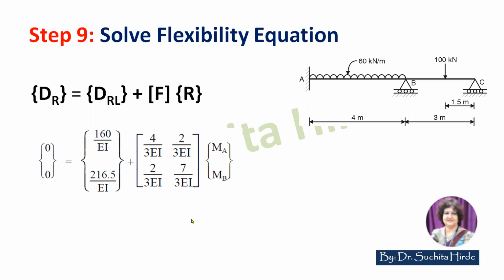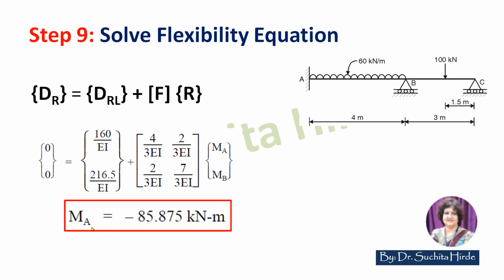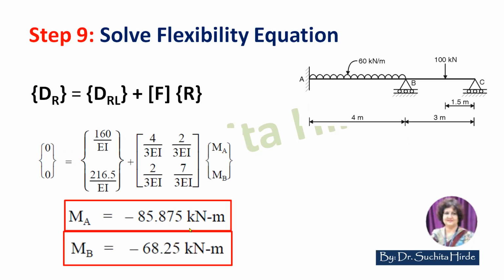If you solve these two equations, you will get MA equal to minus 85.875 and MB equal to minus 68.25. So this is how we can calculate the redundant moments in the structure. And you know that in this structure, moment at C is equal to 0. So once you get this, you can draw the bending moment diagram.